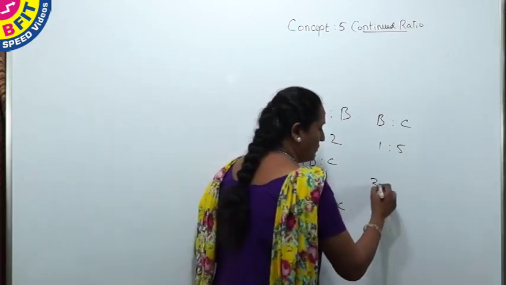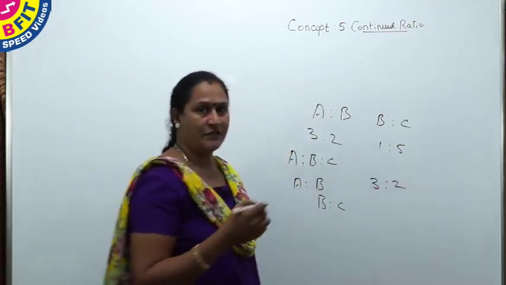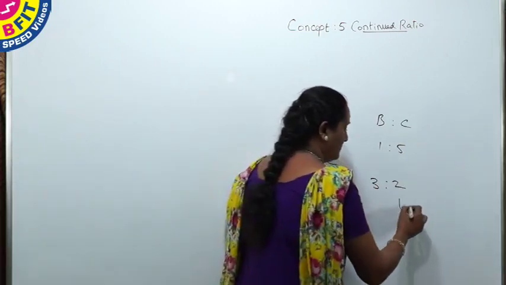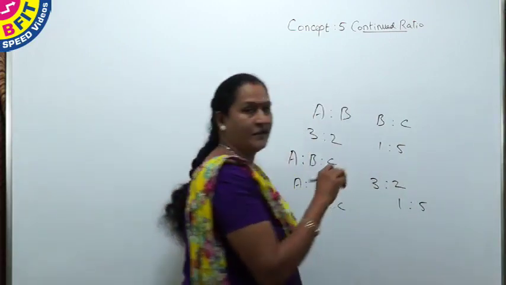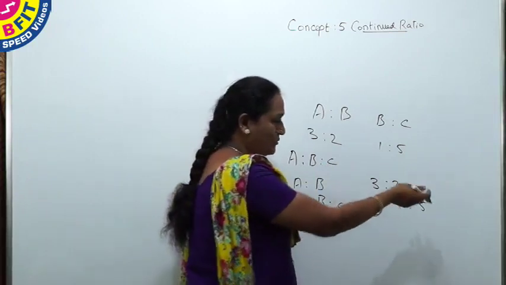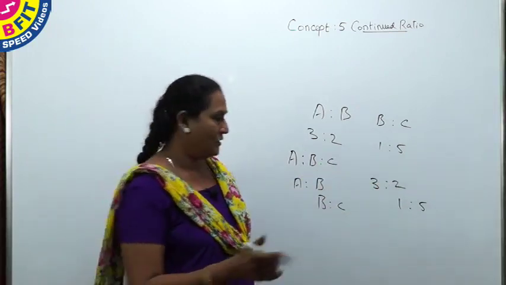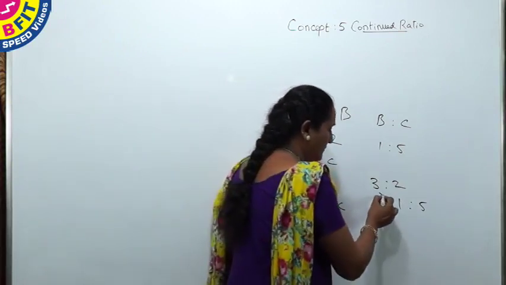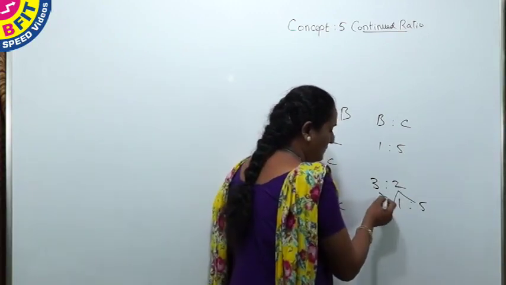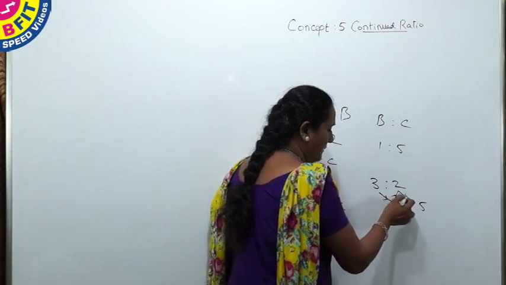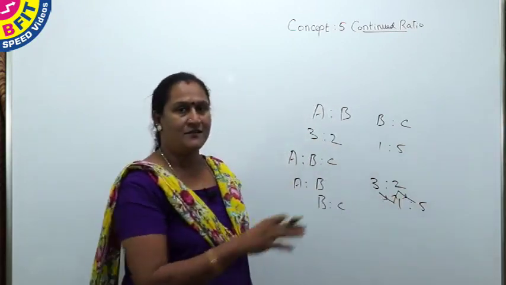The first ratio for A and B is 3:2, and the second ratio for B and C, so this part overlaps. So write in this pattern and no need to find LCM. Just follow this lightning symbol and multiply. So you get the concerned ratio.